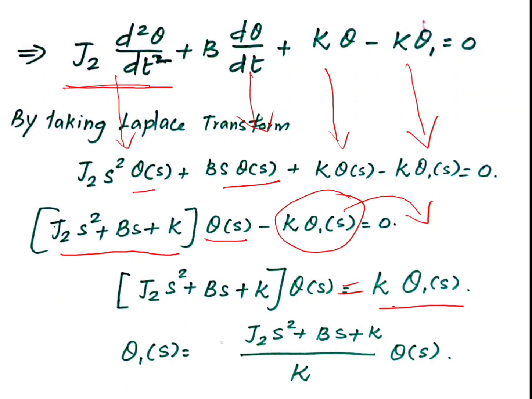We get θ1(s) = (J2 s² + b s + k)/k times θ(s).